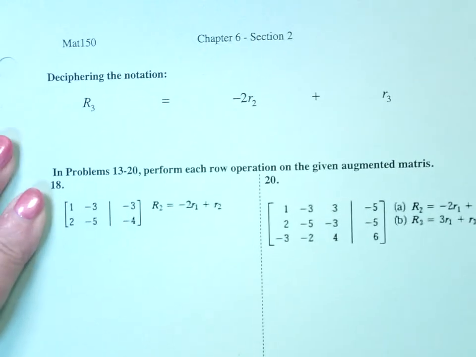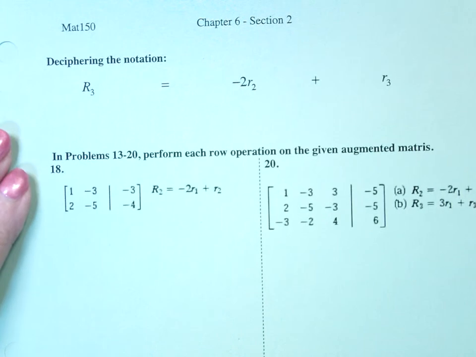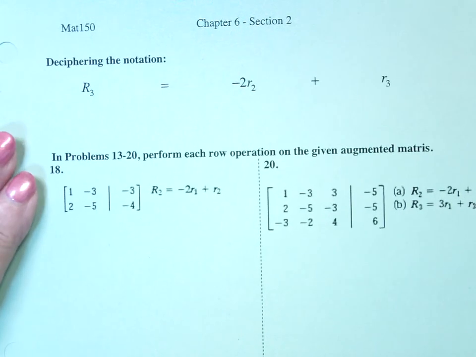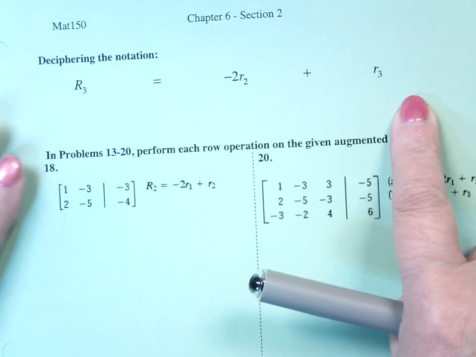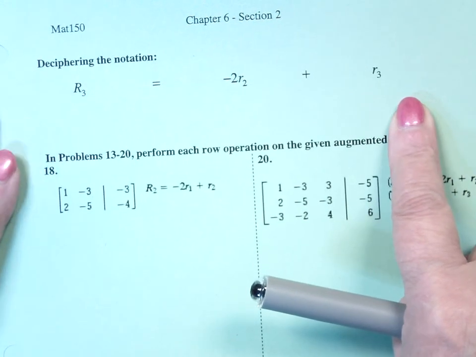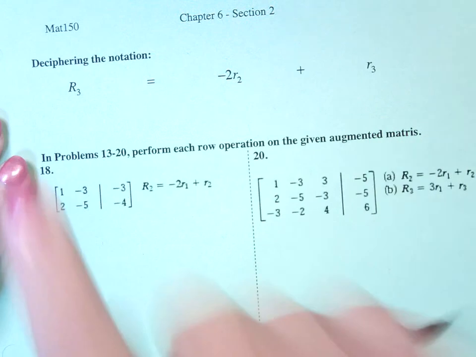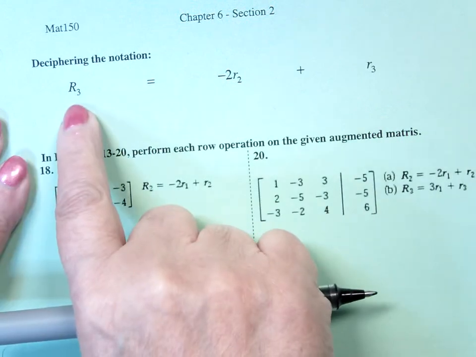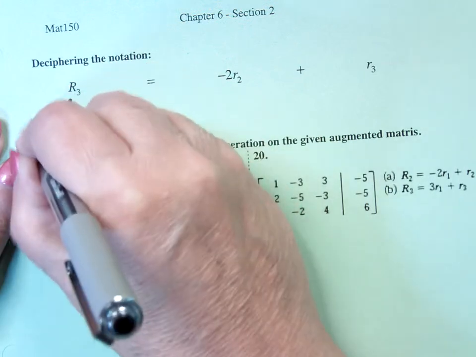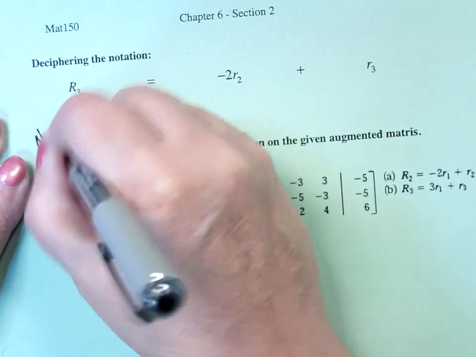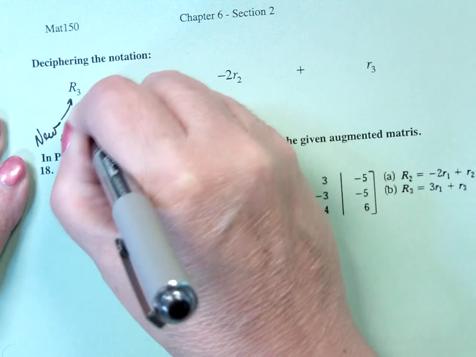And this is the notation your book is going to use. And when you start messing with this stuff with the calculator, you're going to tell me this is what you do if the calculator's doing the work for you, so I know how you work the problem. When you're looking at capital R3, what this means is new row 3.